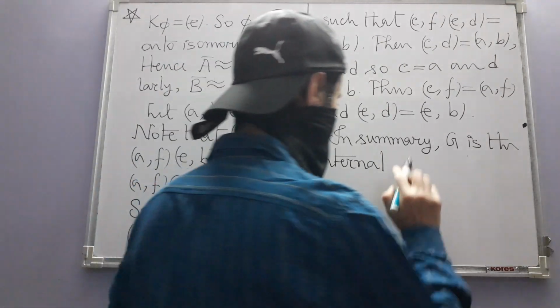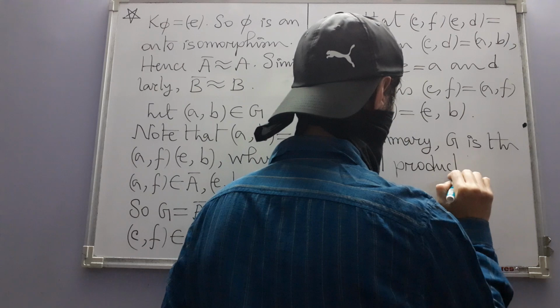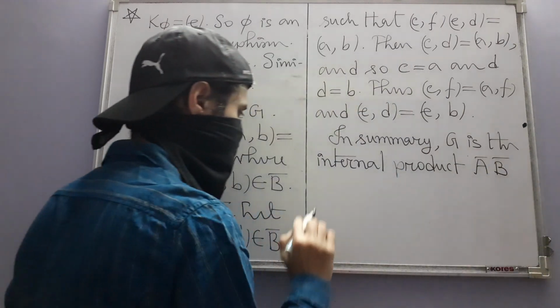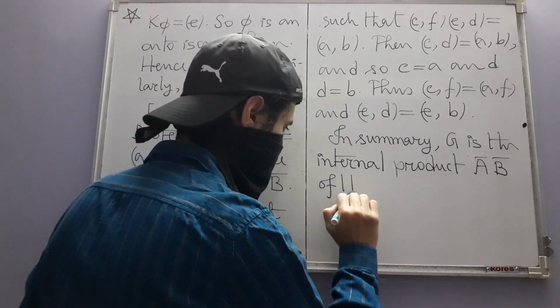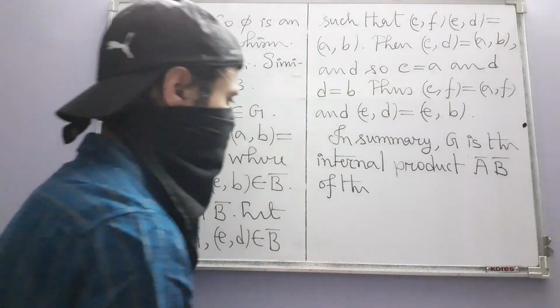G is the internal product A bar, B bar of the subgroups, but not just subgroups, normal subgroups.